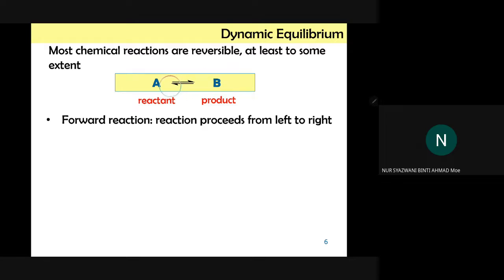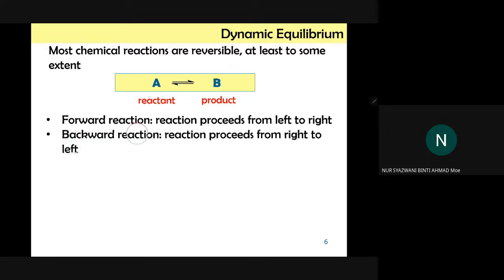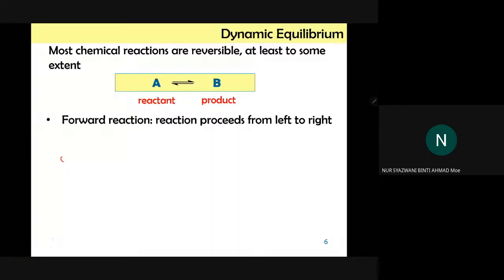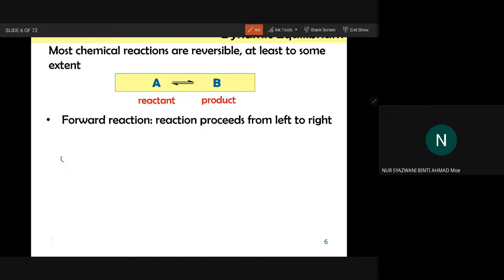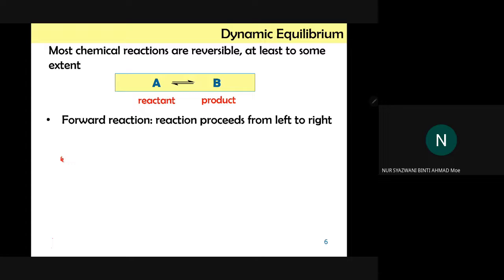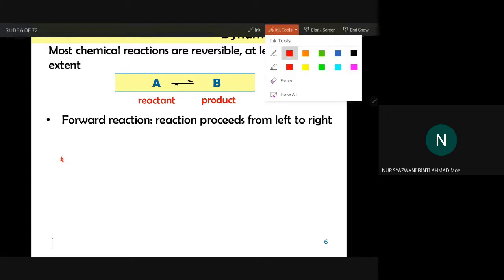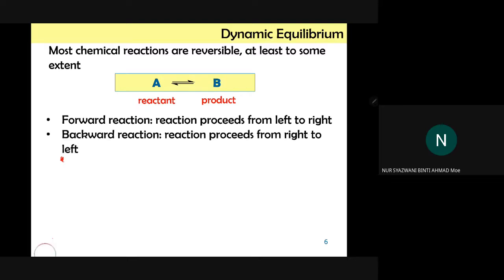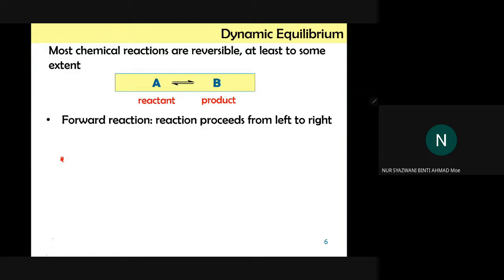Manakala anak panah yang bawah ini, kita panggil sebagai backward reaction ataupun okay.